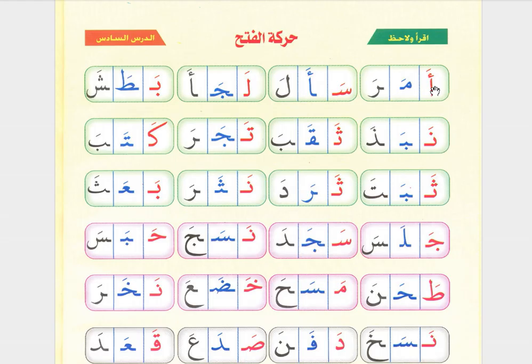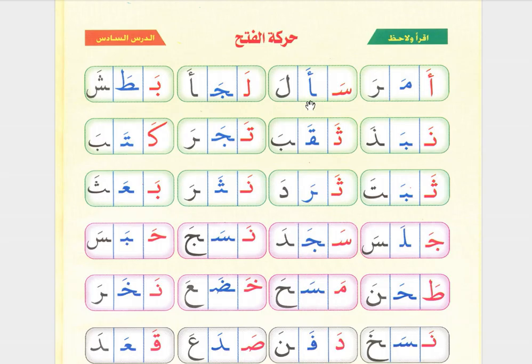So we have alif fatha a, mimun fatha ma, ra'un fatha ra, amara, amara. We have sinun fatha sa, alifun fatha a, lamun fatha la, sa'ala, sa'ala, sa'ala.